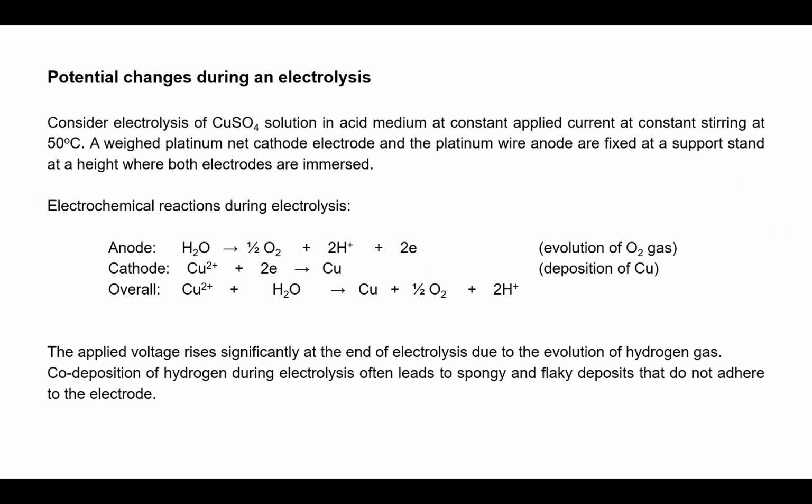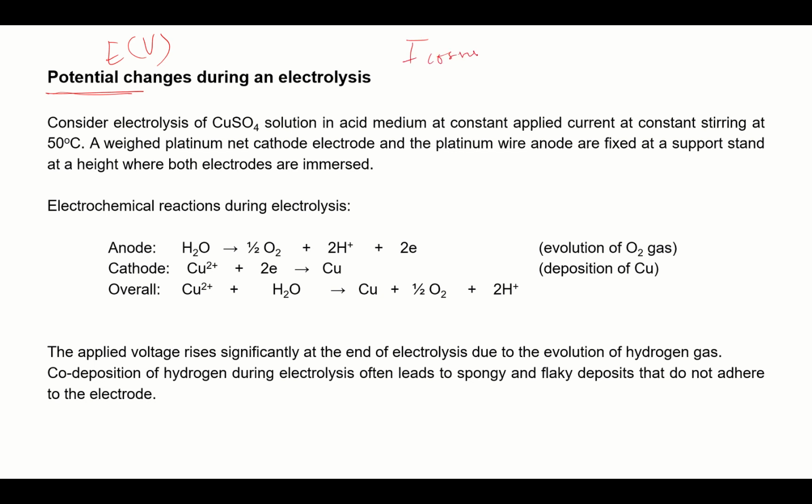Next, potential changes during an electrolysis. We are going to talk about potential, E or V, voltage changes during an electrolysis. We are still talking about I constant.